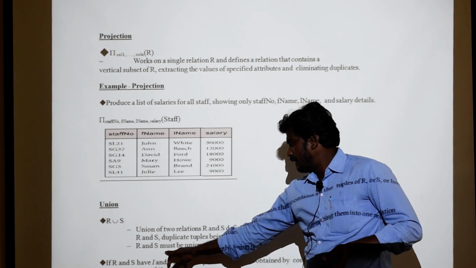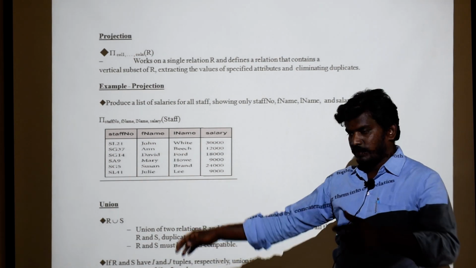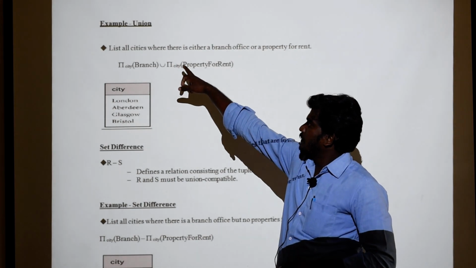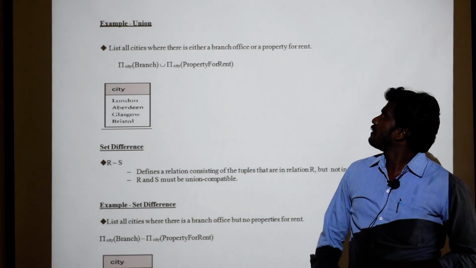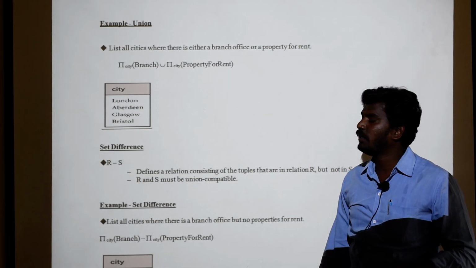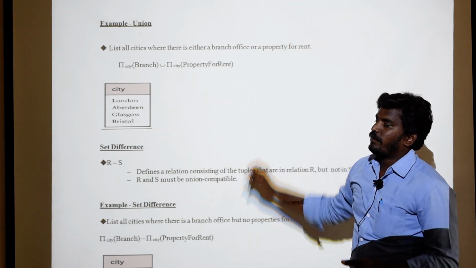Then R and S must be union compatible. Then some example, in the next slide, the union example. List all cities where there is either a branch office or a property for rent. Here 2 different tables are there. The first one is the branch office, another one is the property for rent.